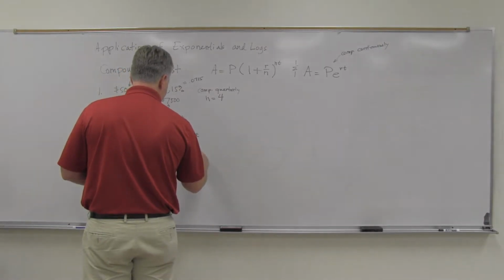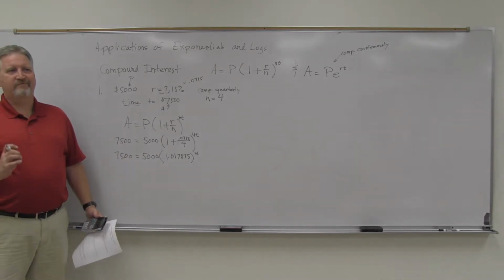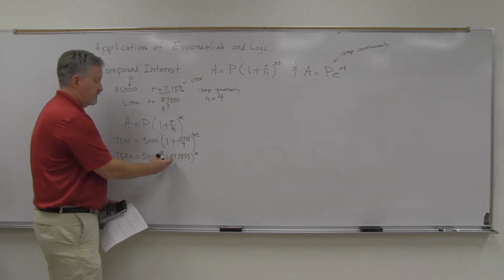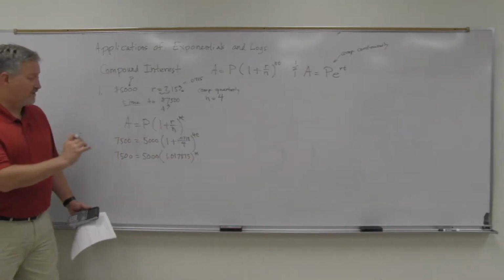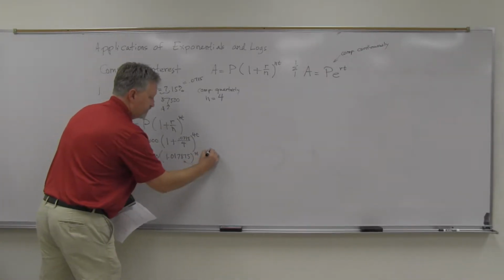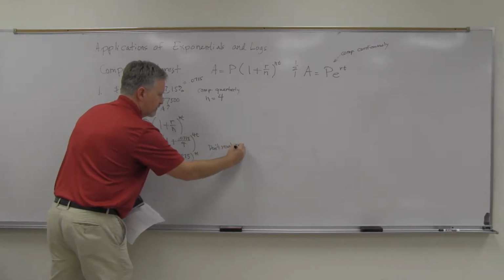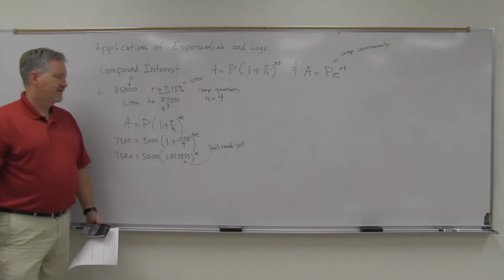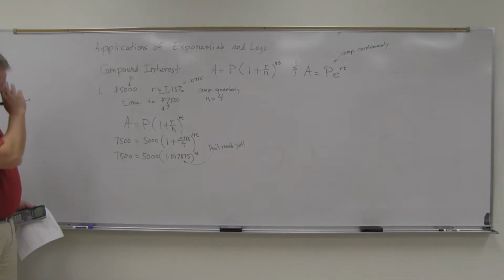What I recommend is, yeah, that's a long decimal, but I wouldn't yet round it off, because if you round that off to 1.02, you'll be way off. So don't round yet, because if you round there, it'll throw your numbers way off.